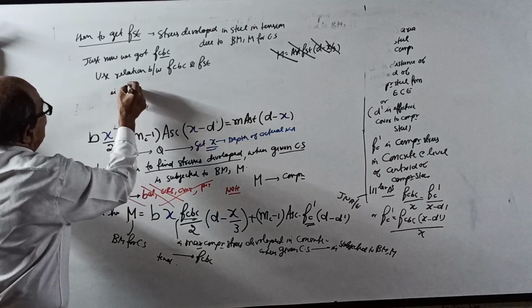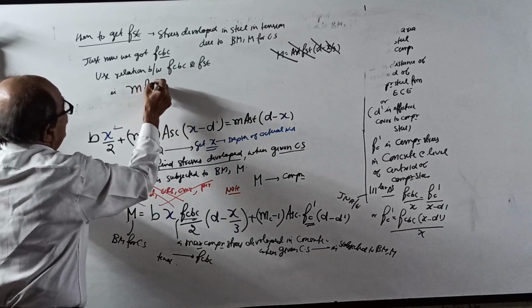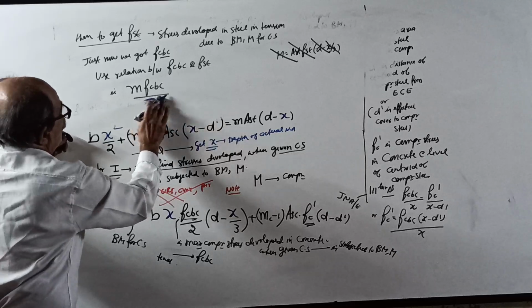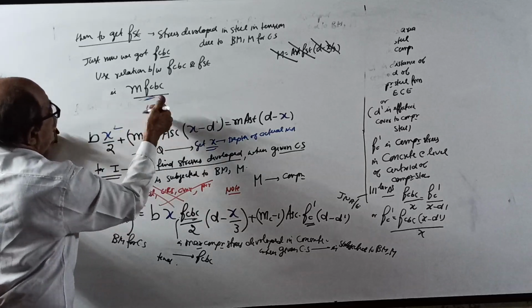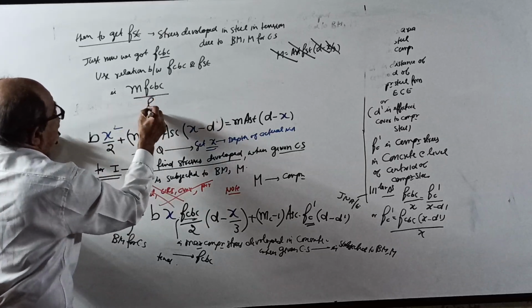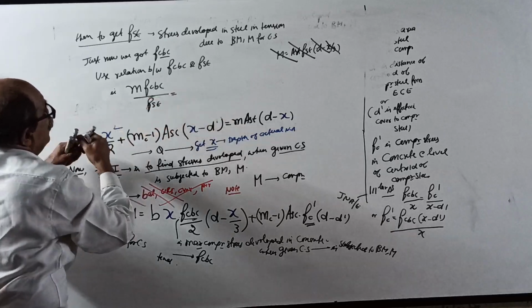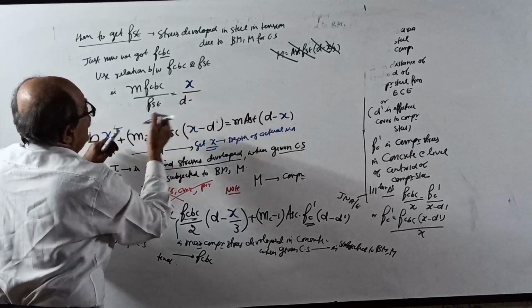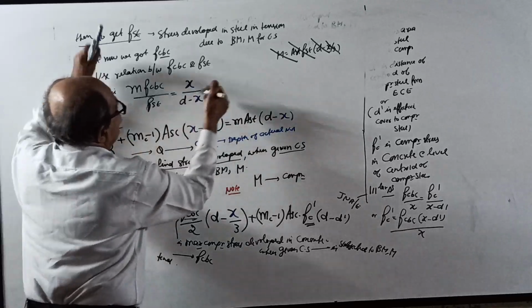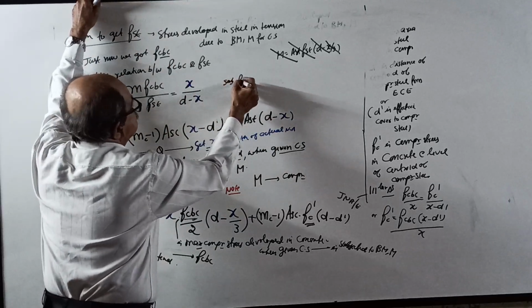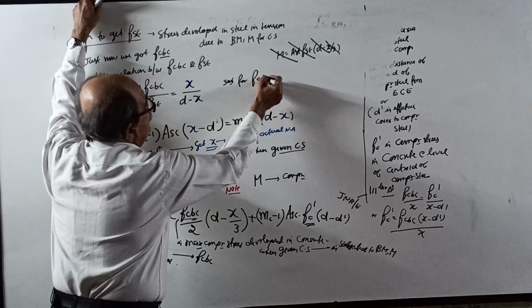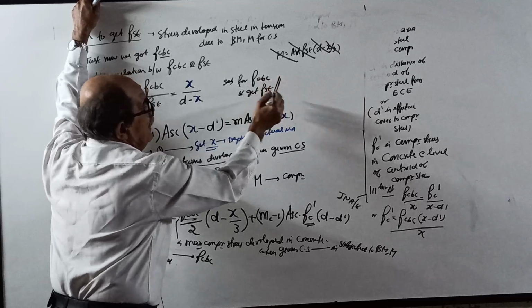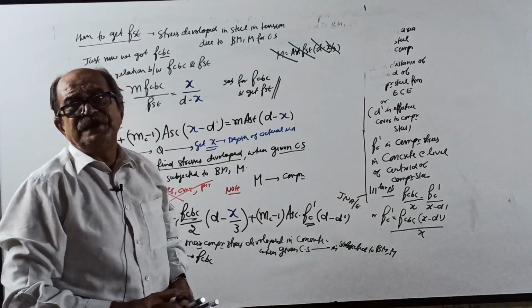That is M times FCBC divided by X, divided by FST, equal to X divided by D minus X. Here, substitute for FCBC and get FST. This I told earlier also. This way you proceed further to get FST.